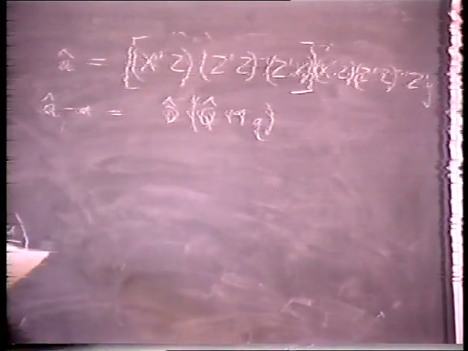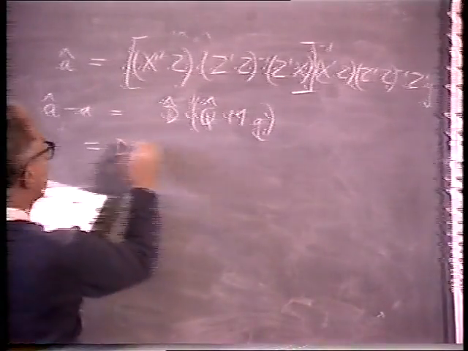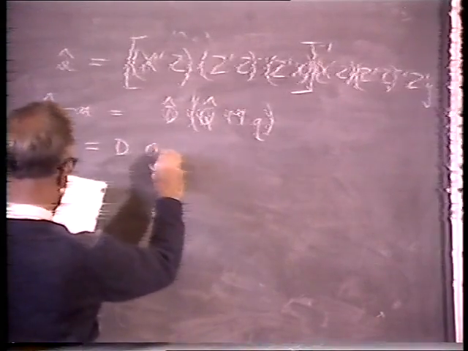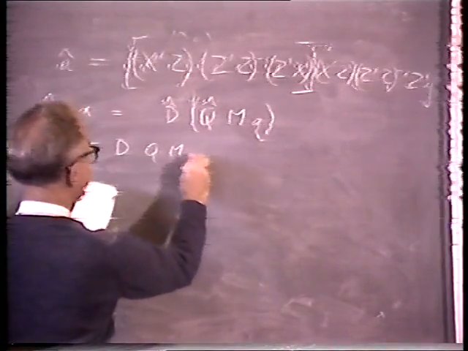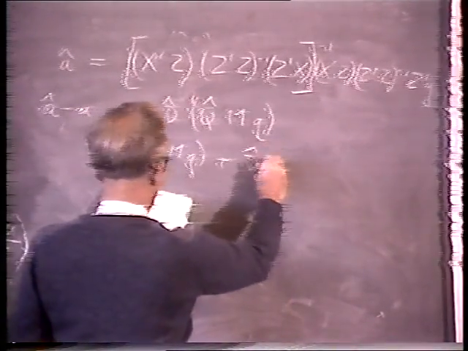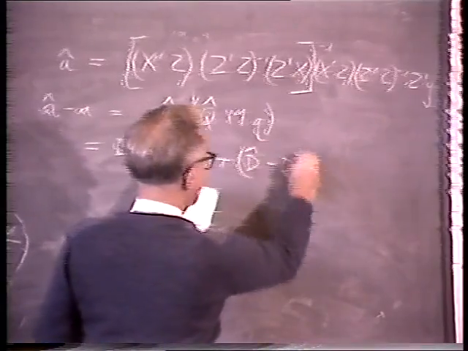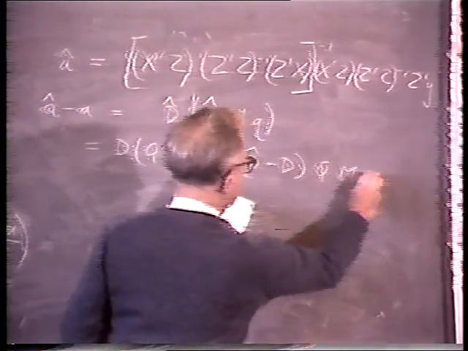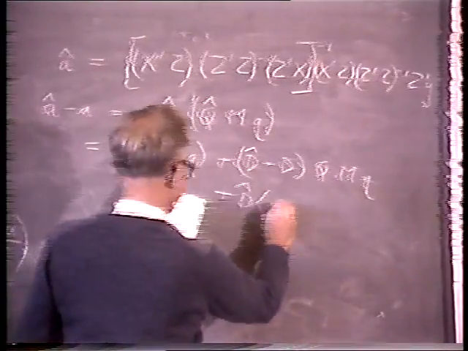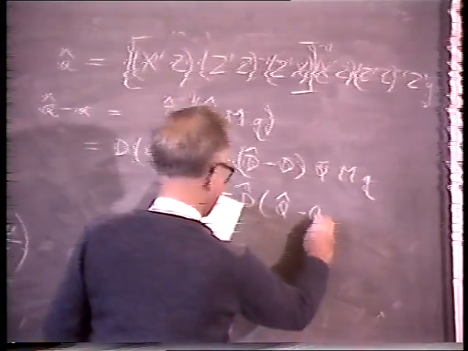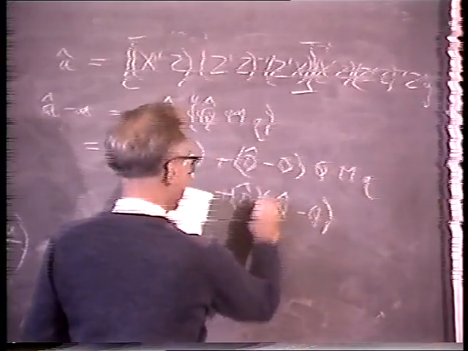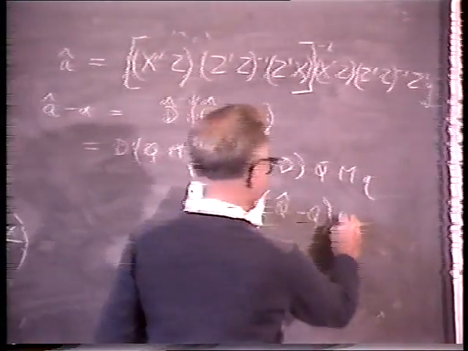And an obvious first thing to do is to say that we can replace this by d q_m q, plus d hat minus d into q_m q, plus d hat minus d, q hat minus q, m q.